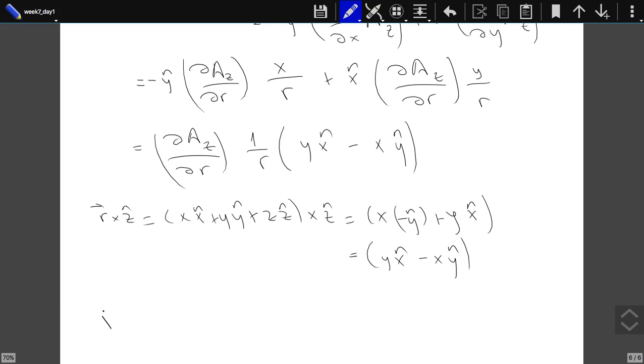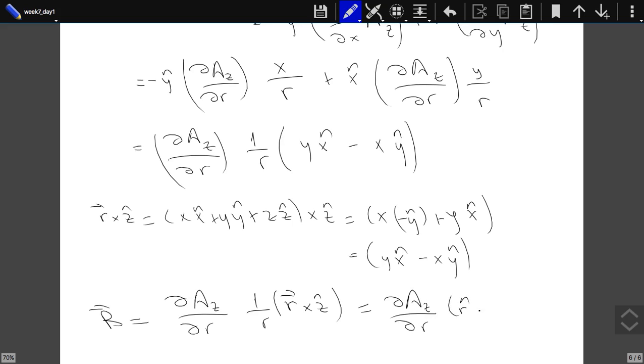So now we can write B in this form. Derivative of A z with respect to r of 1 over r, r cross z hat, or the derivative of A z with respect to r, r hat cross z hat. What is r hat cross z hat? Minus phi hat.